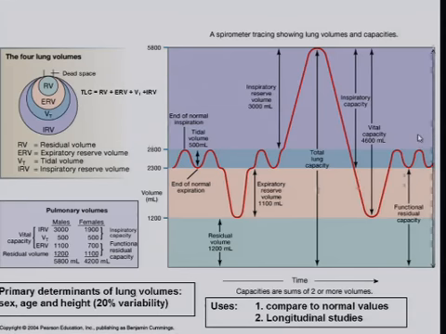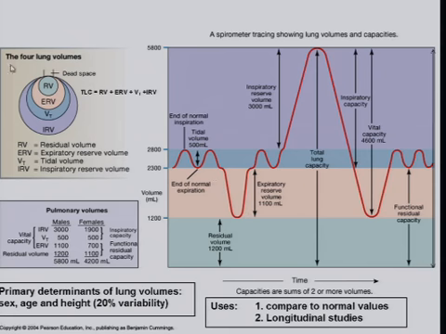This you're going to have to know and know it well. This talks about different volumes and capacities. Some that we can measure directly, some that we can measure indirectly, and you're going to have to know which ones we can do with which.